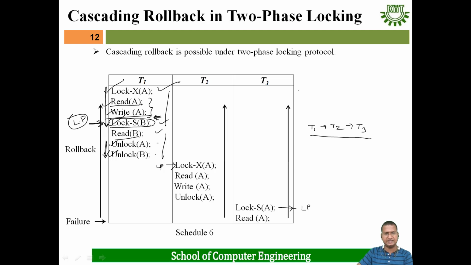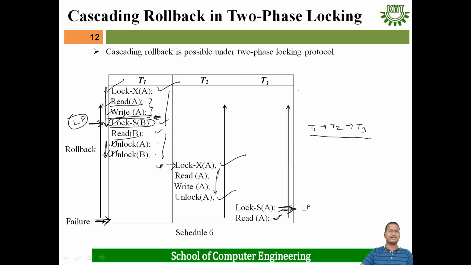Then the next one wants to read A, write A, so it will apply an exclusive lock on A, then unlock A. Here also the two-phase locking protocol is properly applied. In this case the last one wants to read A, so it has applied a shared lock on A. Then suppose after execution of this many instructions, a failure happens here. Then what happens?